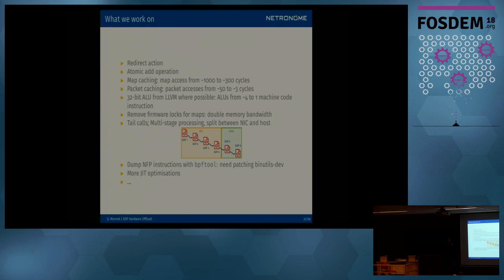In particular, I would like to have Clang and LLVM generate code that's easier to use with 32-bit registers. We want to remove some locks that we use in the firmware for the maps in order to double memory bandwidth for the maps.